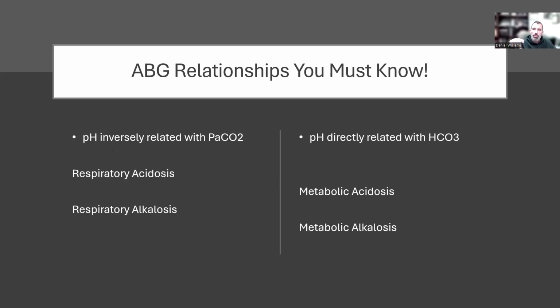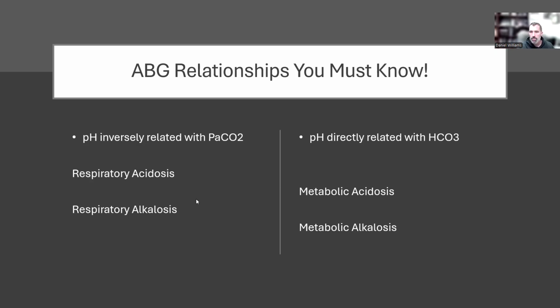If PaCO2 goes down, pH will go up. So with a respiratory acidosis, that would mean that your PaCO2 goes up and it drives your pH down. With a respiratory alkalosis, that means that your PaCO2 has gone down and it has driven your pH up.